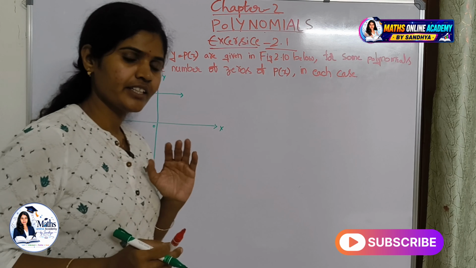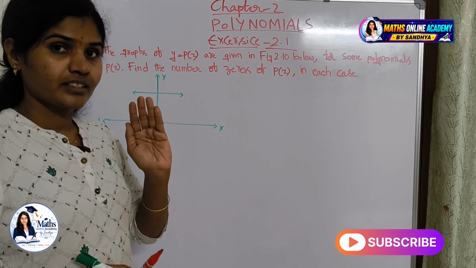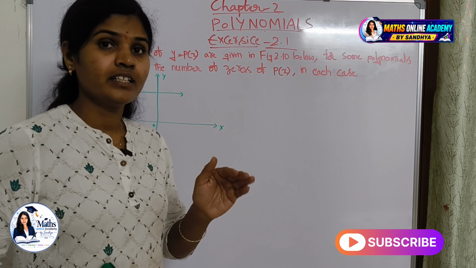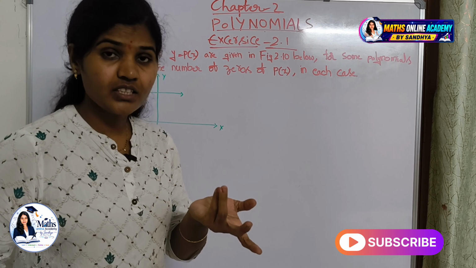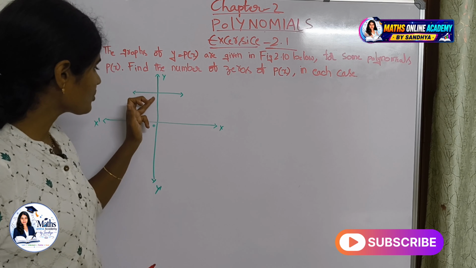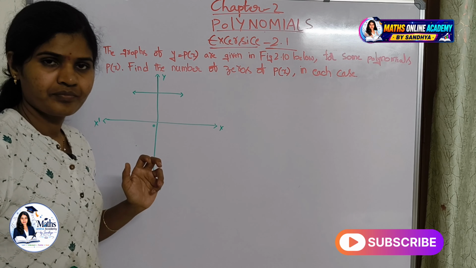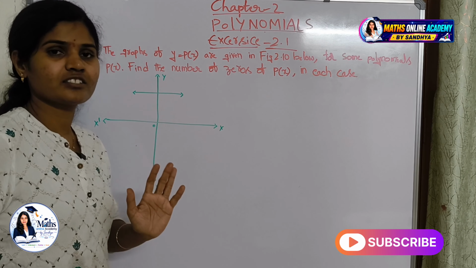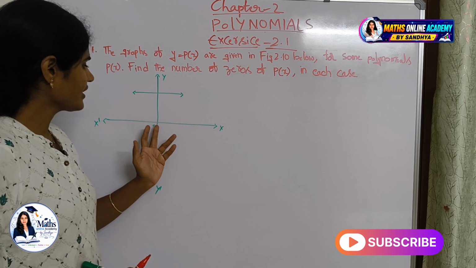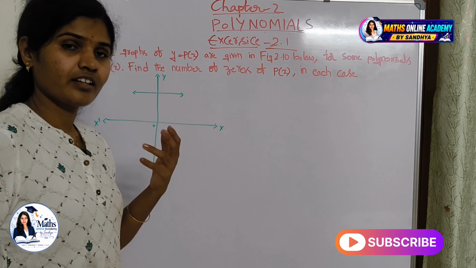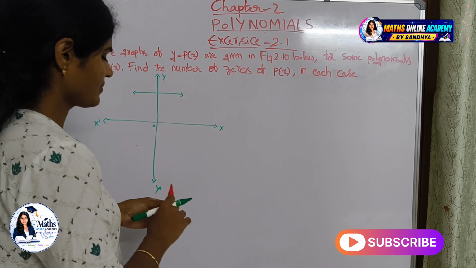We already discussed that the number of zeros of a polynomial is the x coordinates of the graph. Here x coordinates means where the graph intersects the x-axis. Here x coordinates are 0.